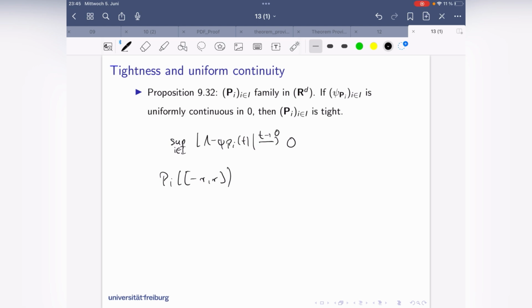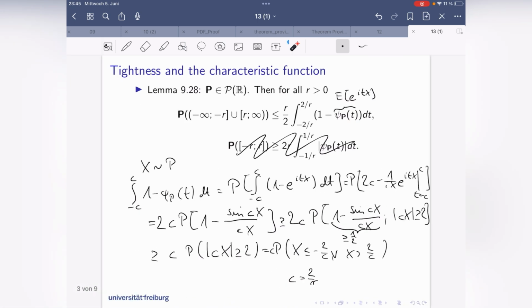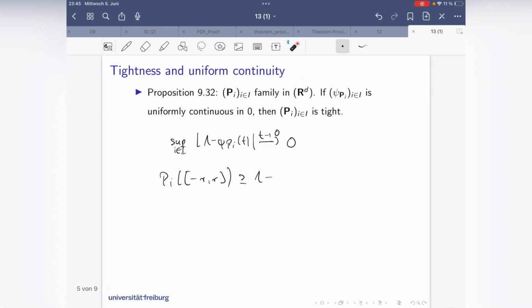This probability is bigger or equal than 1 minus the complement, which is minus infinity to minus r and r to infinity, which we bounded here. By the minus we have bigger or equal.